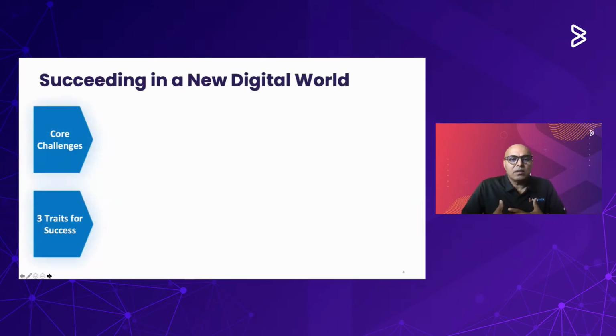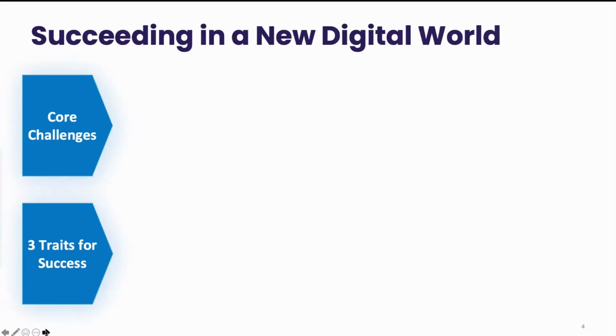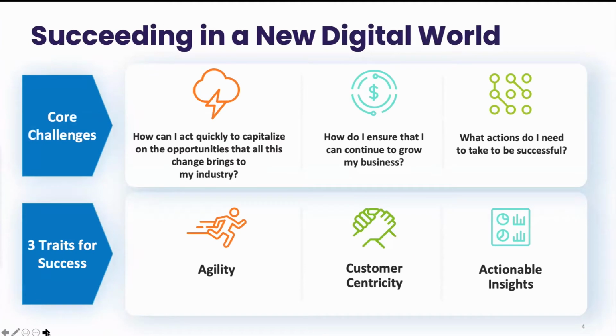But how do we succeed as a digital business? What are some of our challenges, and what are the traits of success for us? One of the core challenges is how to quickly capitalize on opportunities that bring change in my industry. So agility is one trait we need to develop in our enterprise.